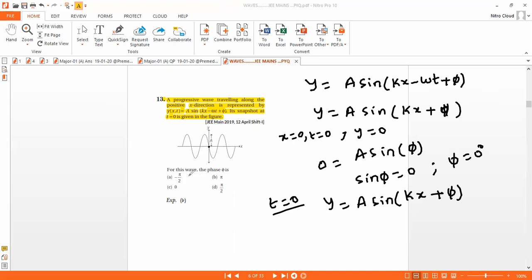You can see when the displacement is equal to the amplitude a, then a is equal to a times sine of kx plus phi.